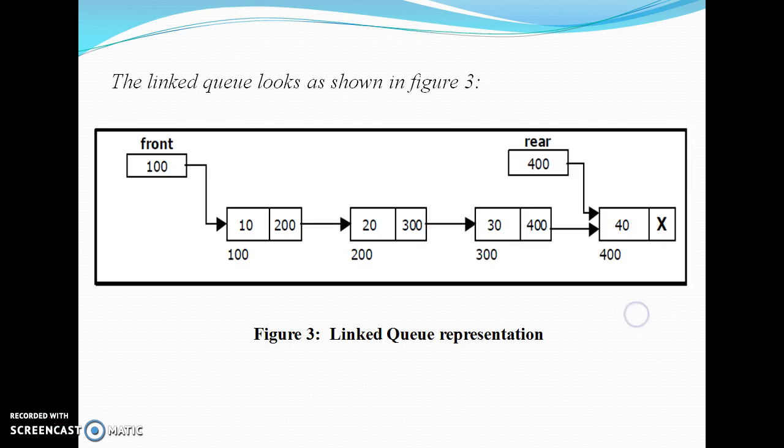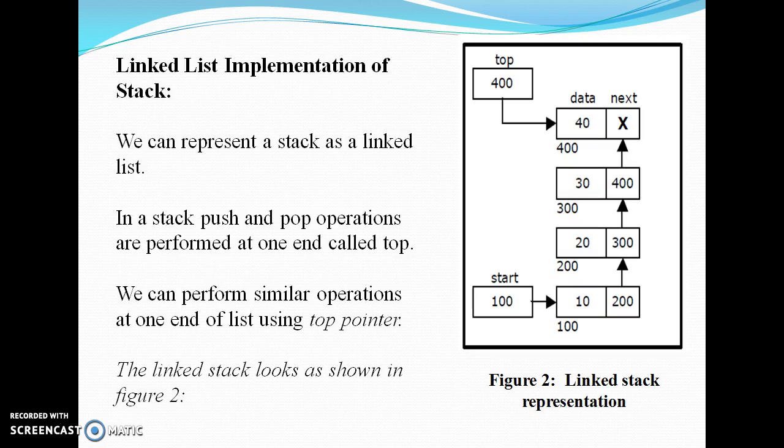So this is the linked list, that is the stack representation of a linked list. Each and every pointer points to the next node, that is, the address of the next node.